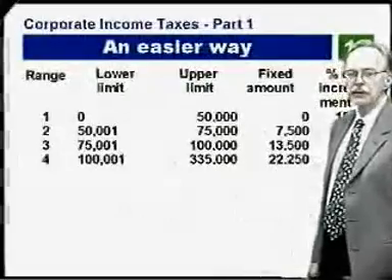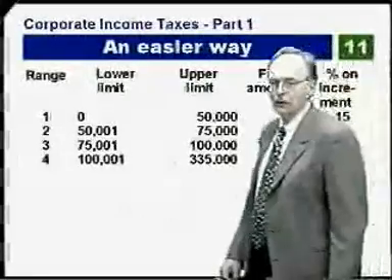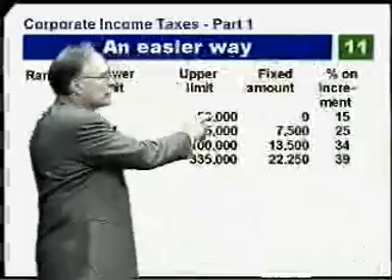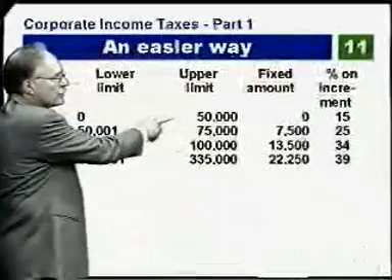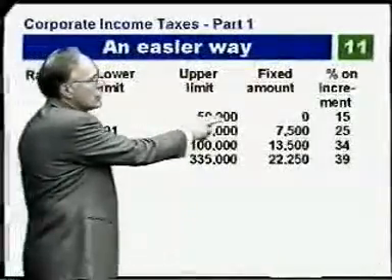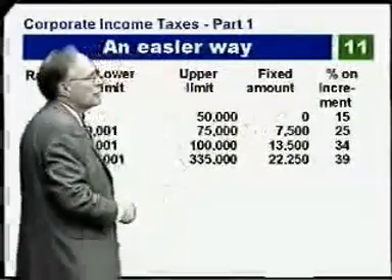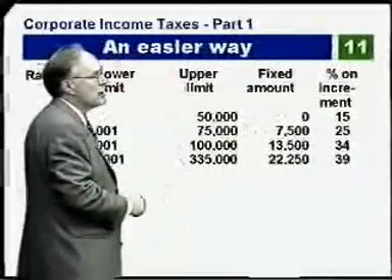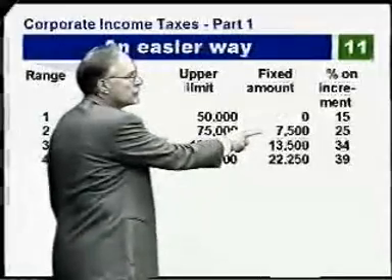There's another way to look at this, and that is to go back to our very long table where we see that the tax in the first bracket, up to $50,000, is taxed at 15%. A company that earns exactly $50,000 would then pay $7,500.